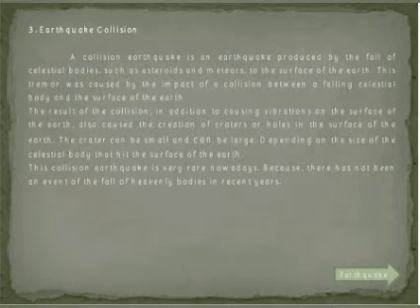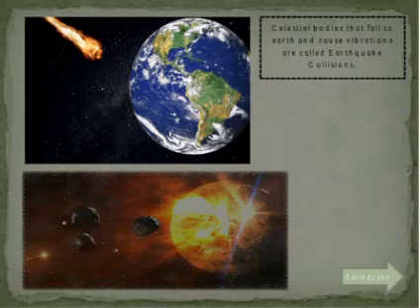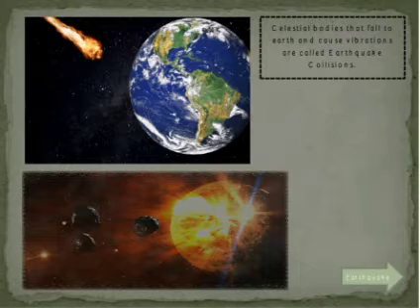This collision earthquake is very rare nowadays because there has not been an event of the fall of heavenly bodies in recent years. Celestial bodies that fall to Earth and cause vibration are called collision earthquakes.